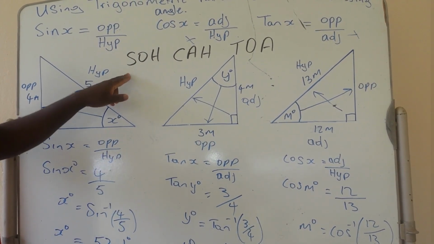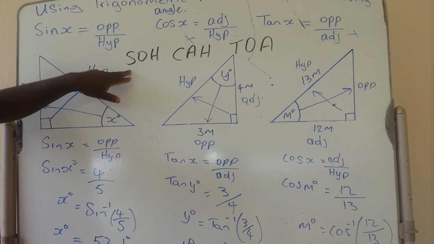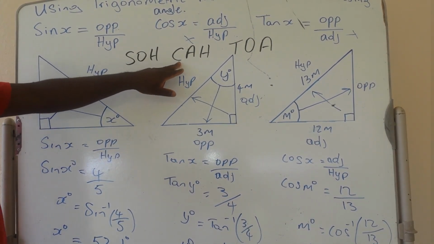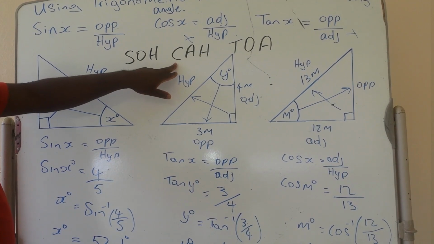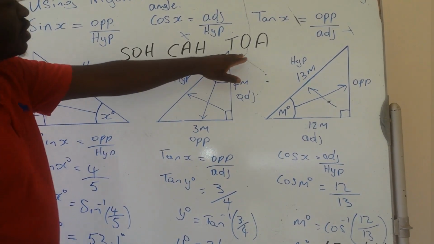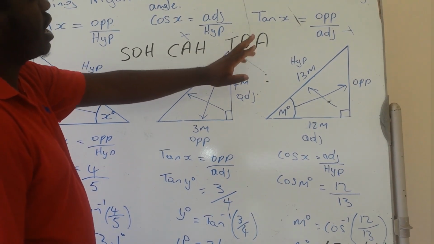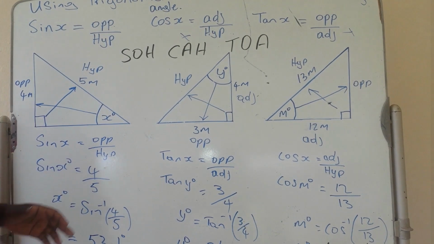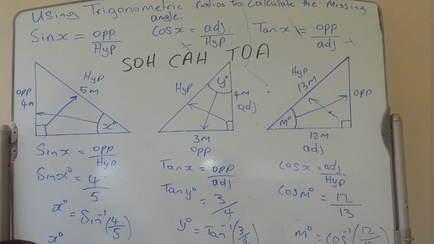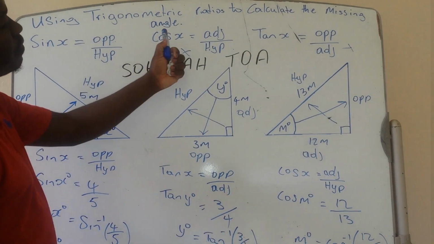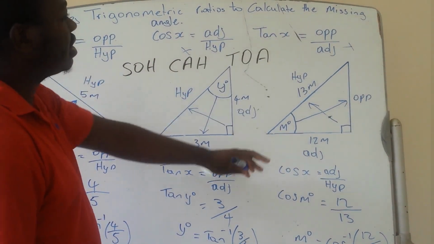And what this is saying, S here means sine of an angle is equal to opposite over hypotenuse. This is saying cos of an angle is equal to adjacent over hypotenuse. And this one is saying that tan of an angle is equal to opposite over adjacent. And note that sine by itself means nothing, and cos by itself means nothing, and tan by itself means nothing.